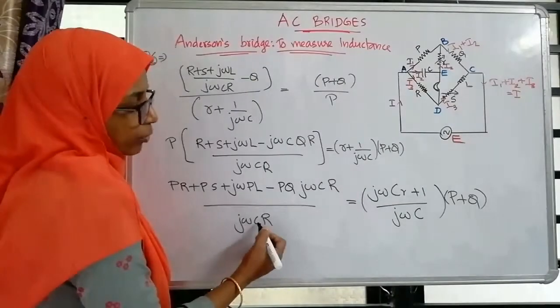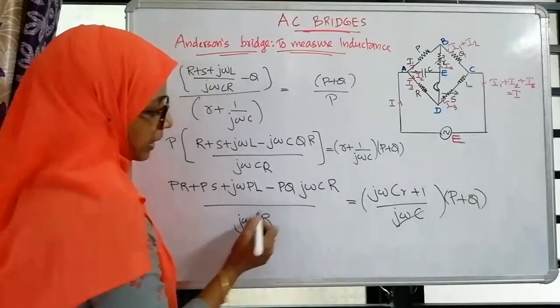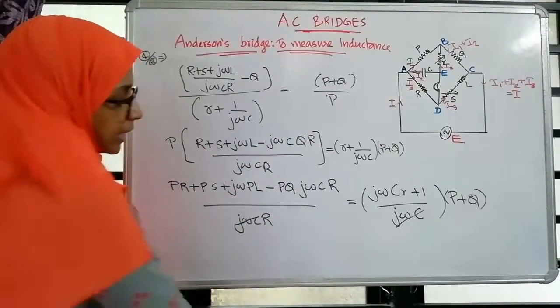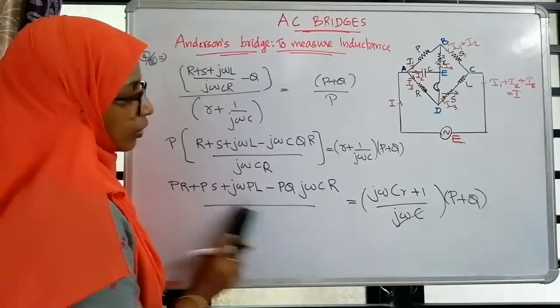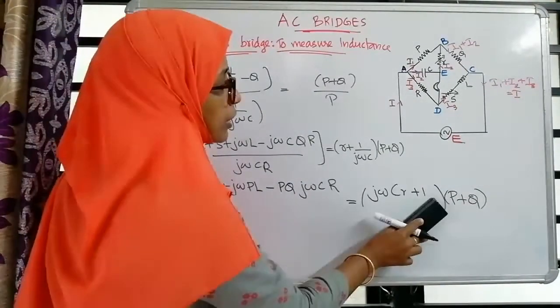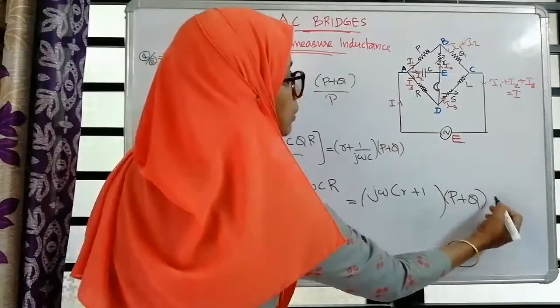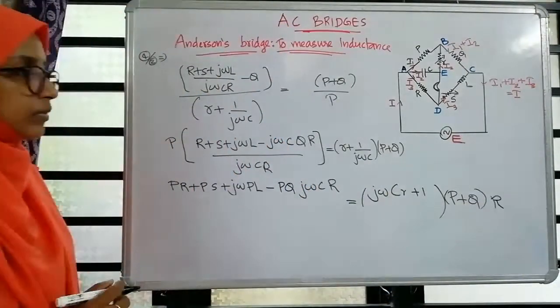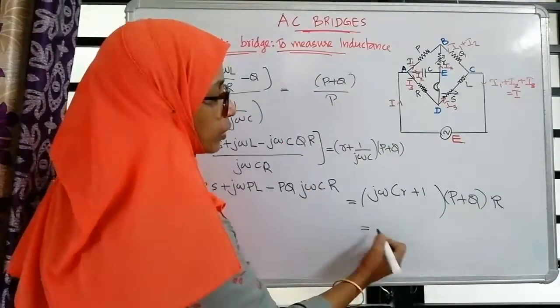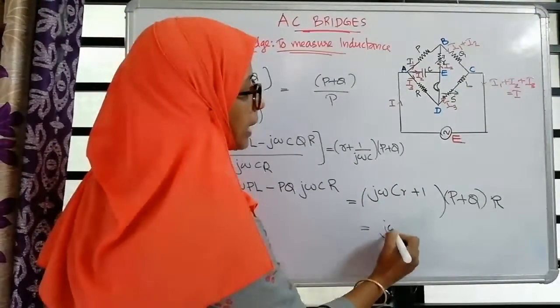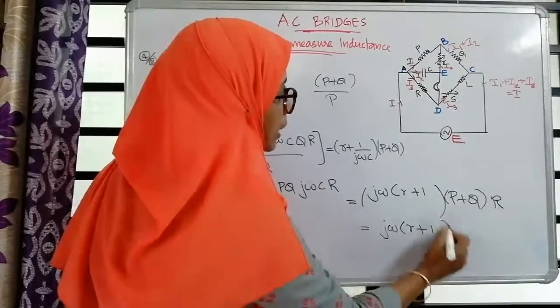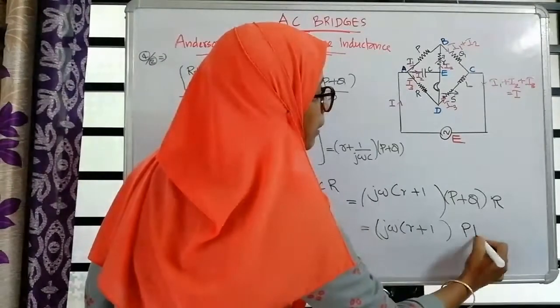Denominator, here the j omega C and the j omega C can be cancelled. The remaining term is R. So, I am going to take this R into this side. So, it will be equal to (j omega C R plus 1) into (PR plus QR).